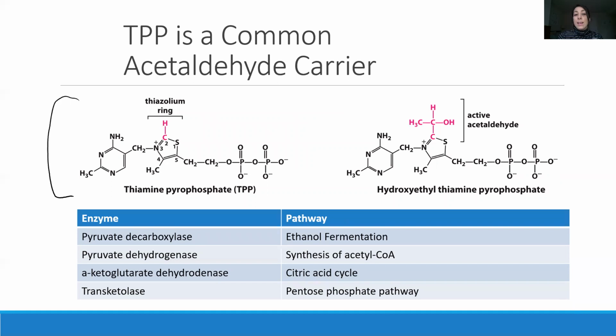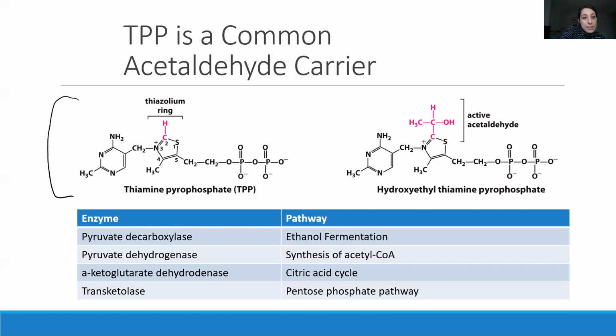So TPP again has a very important role in many of these enzymes of carrying aldehydes. Note that because it is a derivative of vitamin B1, if you have a vitamin B1 deficiency, it will obviously cause many problems in other areas of the system that rely on this coenzyme TPP.